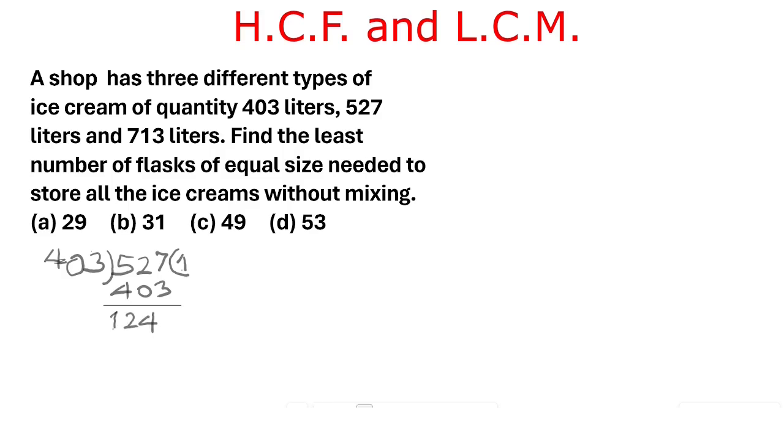Now we divide 403 by 124. 124 divides 403 for 3 times. 3 times 124 is 372. On subtracting 372 from 403, we get 31.